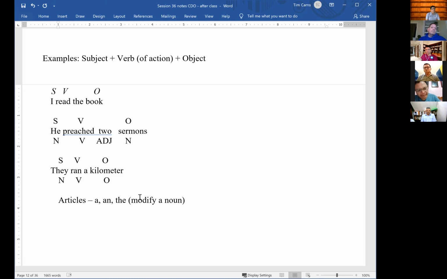Now, if we were talking about Greek, we'd really get into this, anarthrous. That's an indefinite article. There's a whole discussion about anarthrous nouns in Greek, which I'm not going to get into.